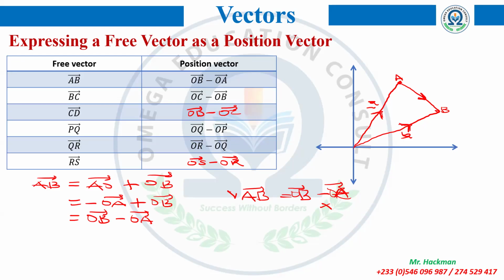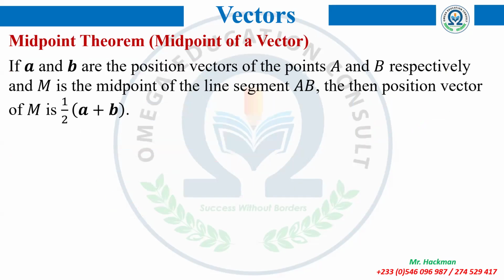So now let me see. We are not within the 1 hour for us to have, so let's continue. We are going to look at the midpoint. I think I left this one out when I was stating the objectives. I only talked about point to vectors, free vectors to position vectors, then magnitude bearing to column and vice versa. However, we are going to look at the midpoint theorem as well.